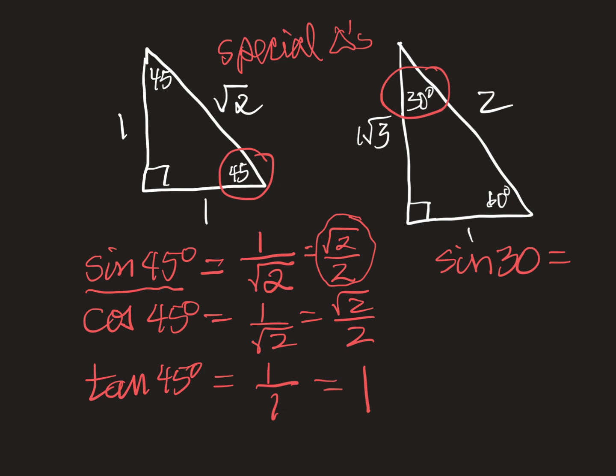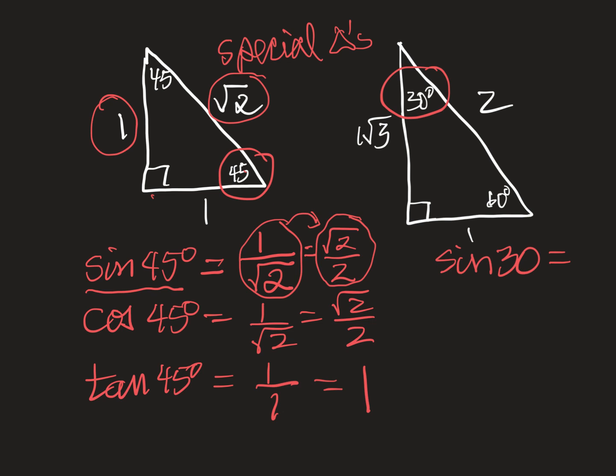So how do we find the sine of 45? Well, what we do is we pick any 45, 45, 90 triangle and label the sides, and I pick the one where the legs are 1, and then the hypotenuse is the square root of 2 times the legs. That's the geometry theorem. And so sine of 45 is going to be the opposite over the hypotenuse, which gives us 1 over square root of 2, and then we rationalize the denominator and get square root of 2 over 2.